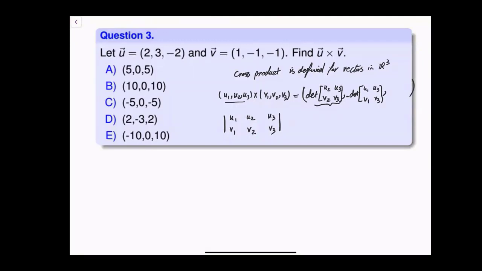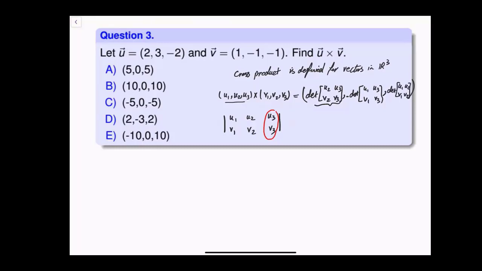And then we go ahead and do the same thing for the third column. And you will get a determinant of u1, u2, v1, v2.